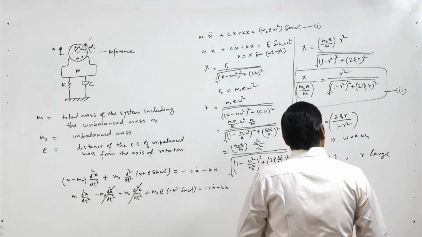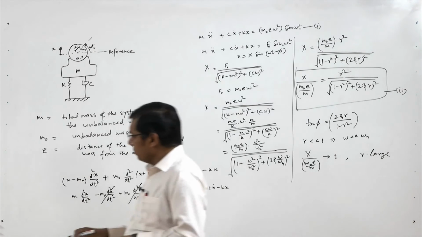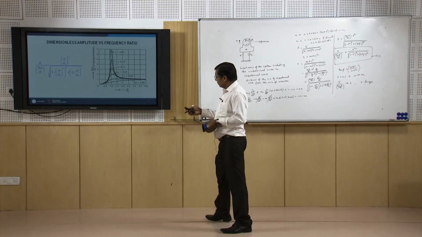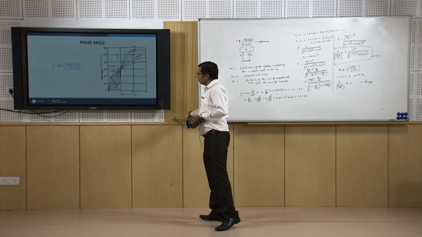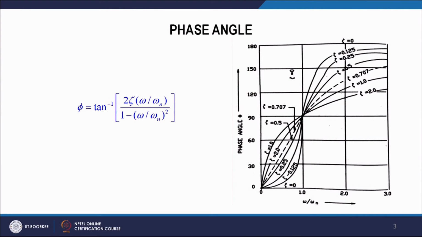However, at resonance, if we see the phase angle in the next slide, we can see that when r is very large, phi is tending to 180 degrees.